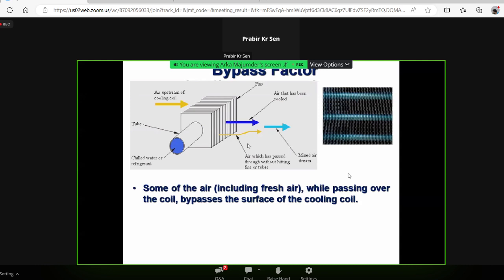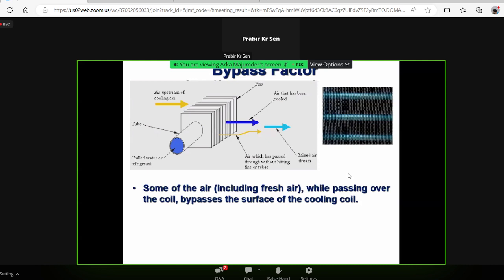But still some air manages to bypass the cold surface of the cooling coil, that means the cooling coil tube and the cooling coil fin, and comes out totally unaffected. The percentage of total air which comes out from the cooling coil totally unaffected is called the bypass factor of the cooling coil.